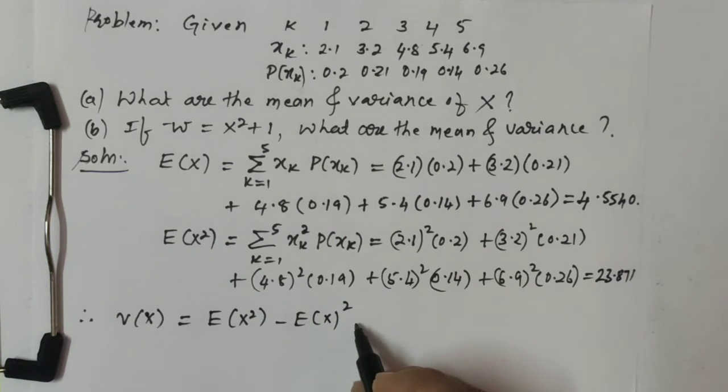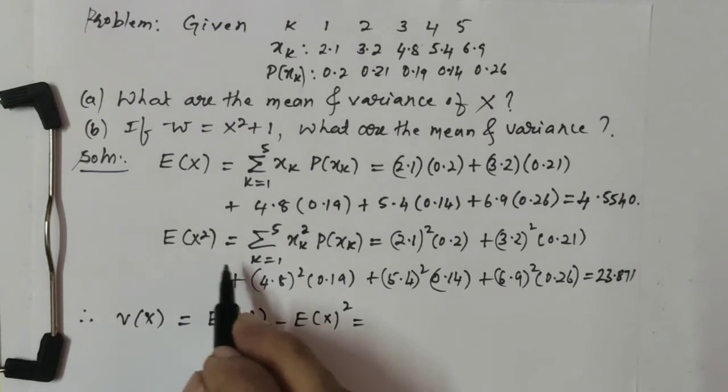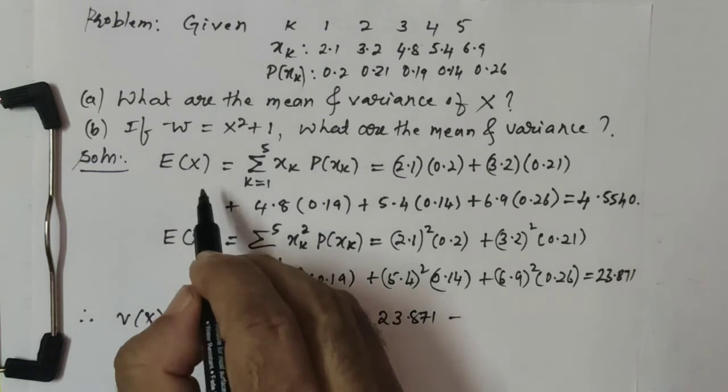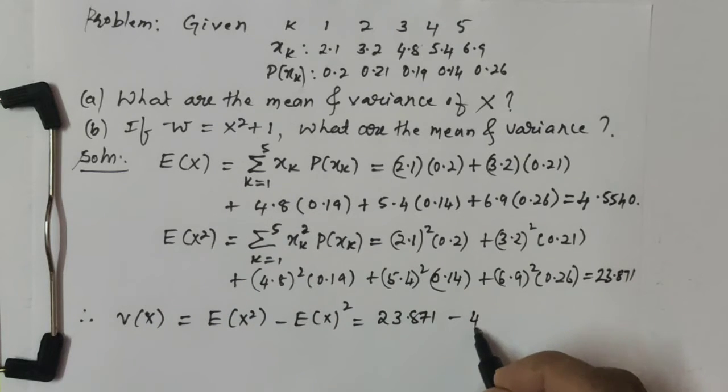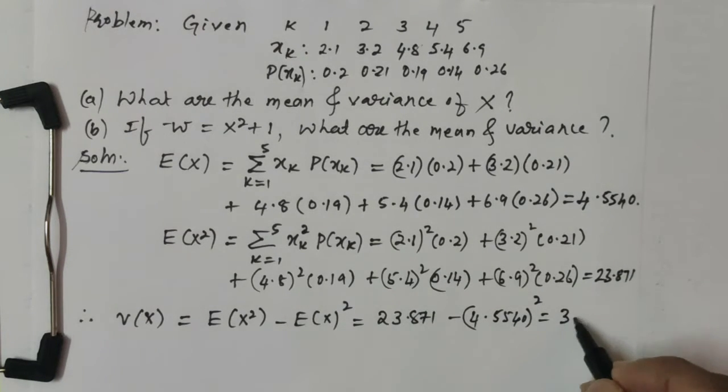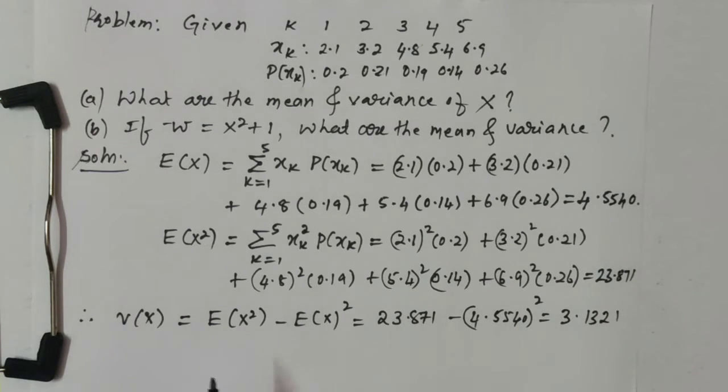E of x square we found here, 23.871, minus the square of 4.5540. If you simplify this, you will find 3.1321. This is the variance of x.